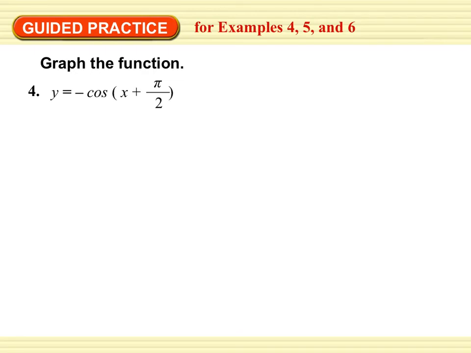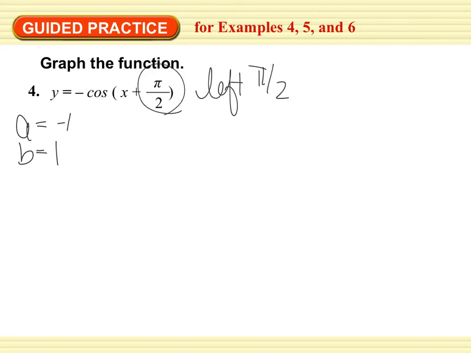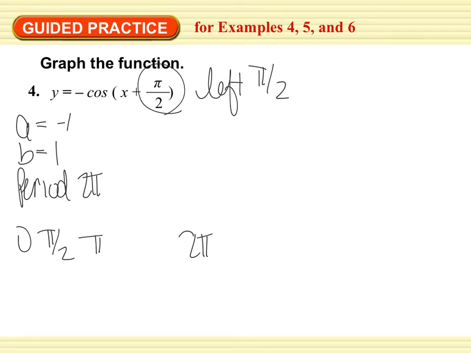So graph the function. A is -1, B is 1. We're going left, pi over 2. So my period is 2 pi. So I always write out my 5 points. And I'm going to subtract pi over 2.